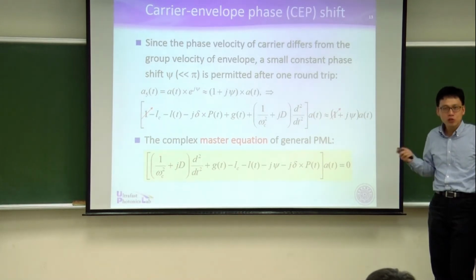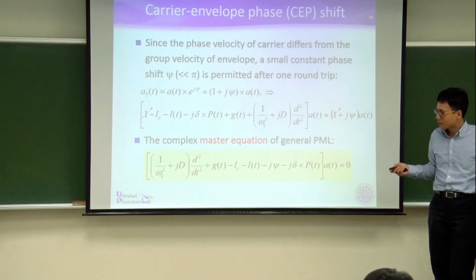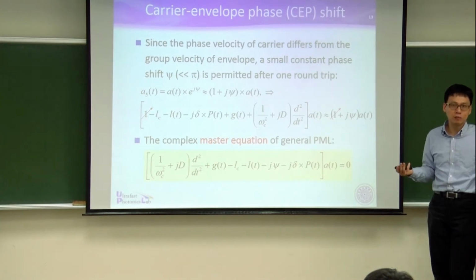Just for the time being, it does not help much, right? So, could you interpret why this term means dispersion? Can you justify it? One trick is: do you know the meaning of the second order time derivative in the frequency domain?